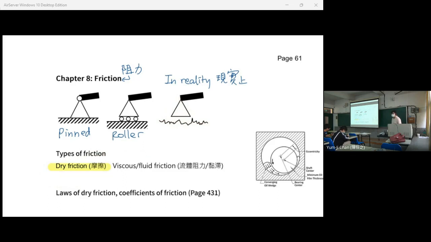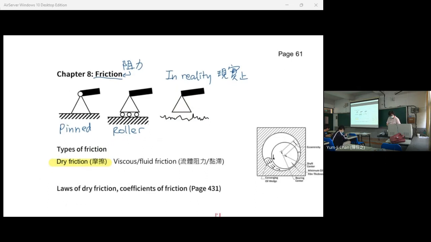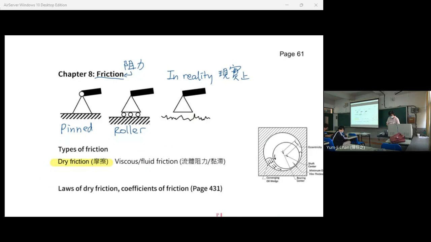So here take a look at this word, friction. Friction, 摩擦, but 阻力, but does anybody know what this one is? Friction. 少说.